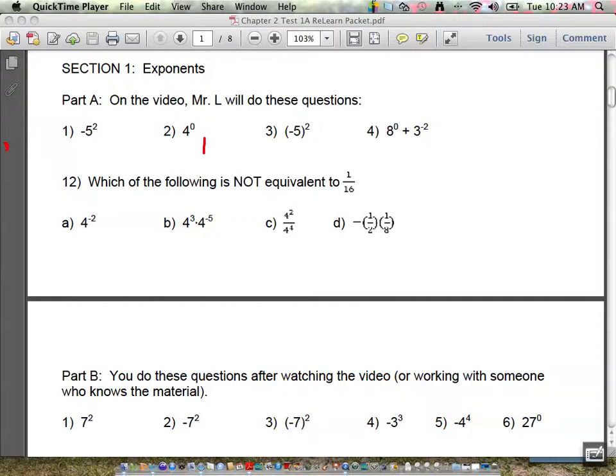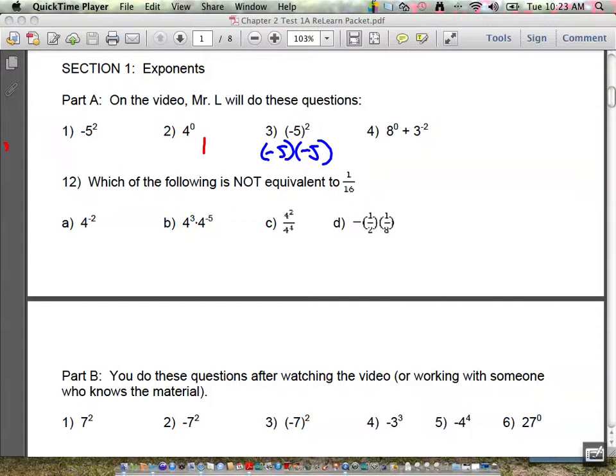All right, look, so we take a look at number 1 and number 3. First off, what's the big difference between number 1 and number 3? Go ahead. The parentheses on number 3. Otherwise, they look the same. But those parentheses make all the difference in the world. This squared means square what's in the parentheses. So it means -5 times -5.